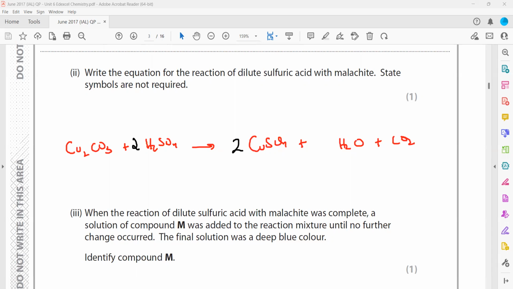So this equation, and hydrogen is not balanced. 2 multiplied by 2, 4. Okay, I missed that: malachite is copper carbonate with a bracket OH2, and this will be 3 here.